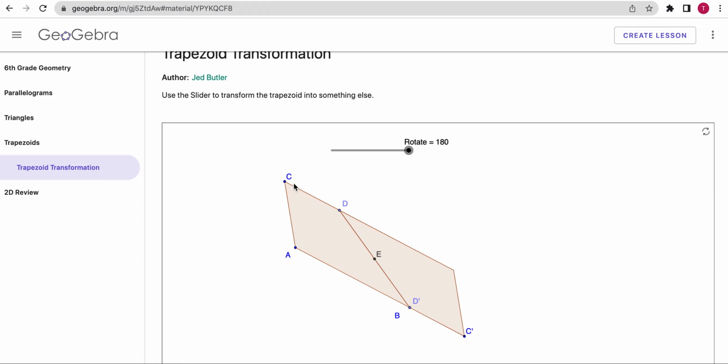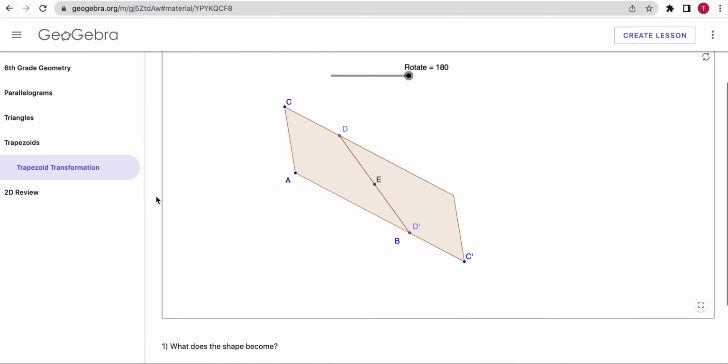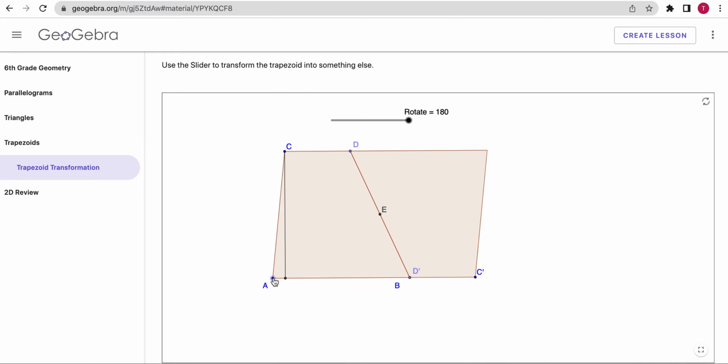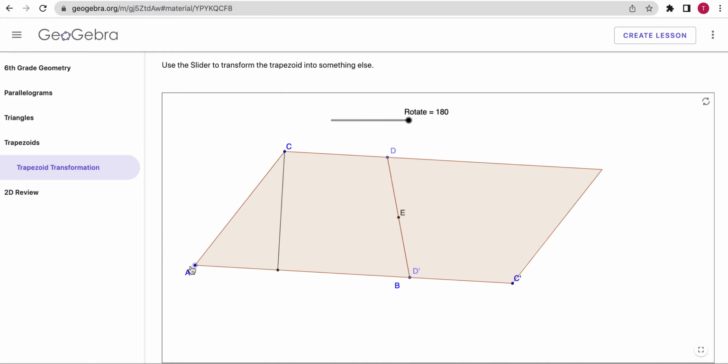If we rotate it 180 degrees, we are going to see that it turns into a parallelogram, which is essential because finding the area of a parallelogram is something that we can derive the area of a trapezoid from, because it's very similar in the way of how you form your area.